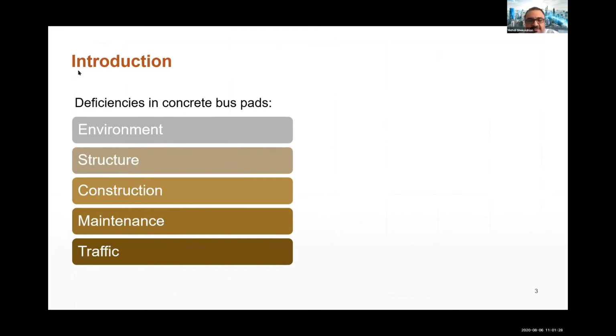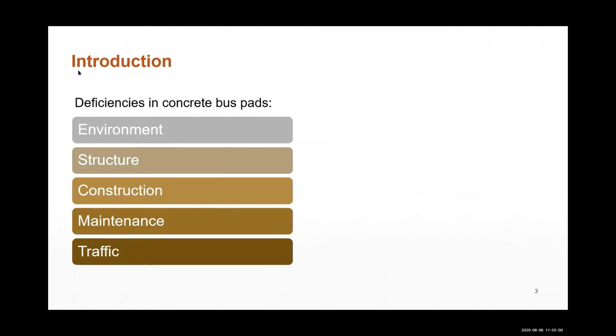So the bus pad defects can decrease the road safety and increase the maintenance and transportation costs, which are very important in assessing the infrastructure asset management. Five main factors were identified as a reason for bus pad deficiencies, including the environment, structure-related deficiencies, construction, maintenance, and traffic.